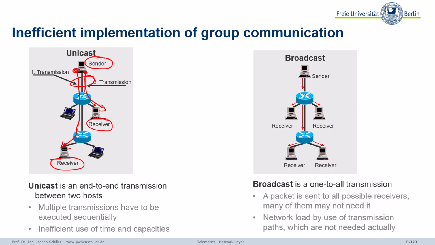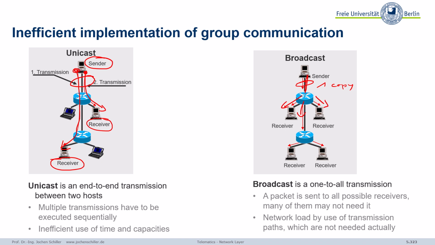Well, you could do the other extreme. You could broadcast. Broadcast is more efficient. You see here, we transmit only one copy and we replicate in the routers to all receivers. That is broadcast, one to all. So, okay, low load on this very first link, but you flood the whole network.